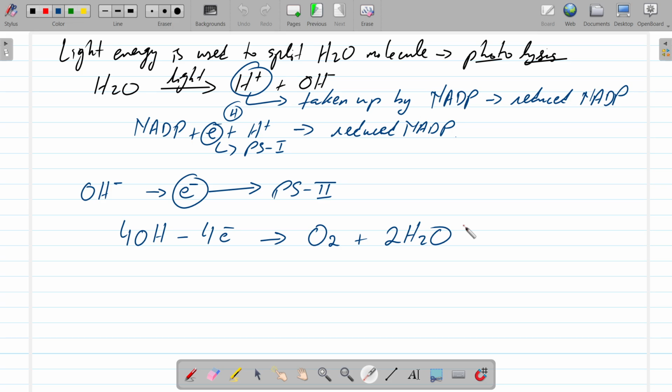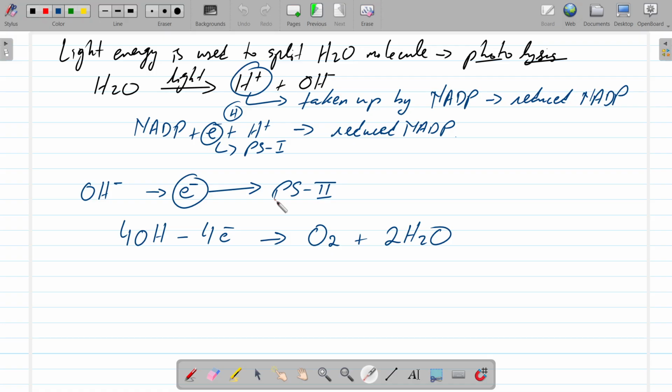Similarly, oxygen could be released as an excretory product, or it could be taken up by the plant cells for respiration. Okay, so that is the light dependent stage.